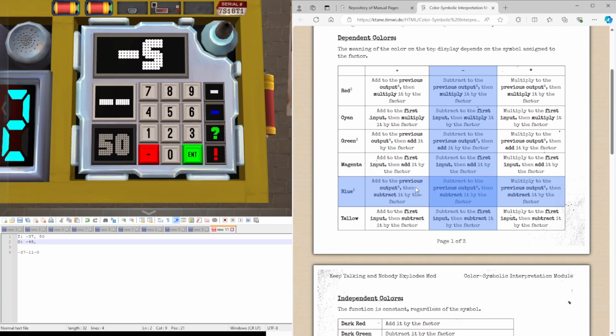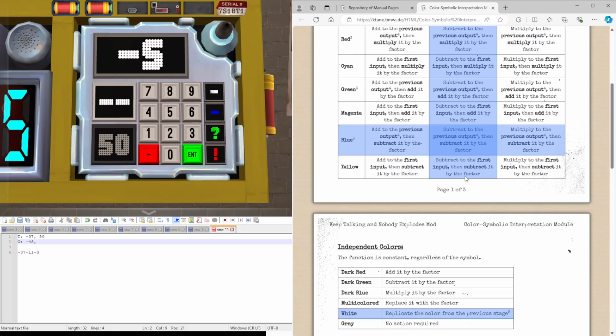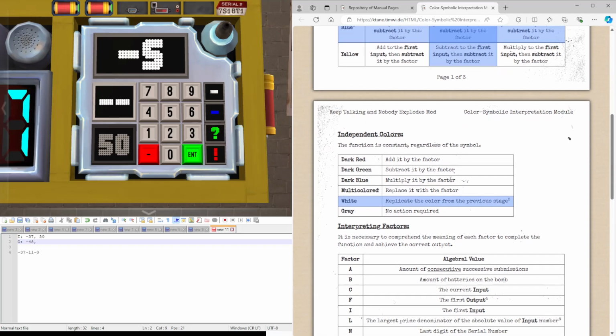Previous stage we have blue, so in this case we're going to refer to this as if it was blue with the symbol it is attached to. So effectively we have the same rule again. We have a blue minus. I might not explain that at the start. The table we're using here is the colour and the symbol that's on the front. The independent colours only need the colour.